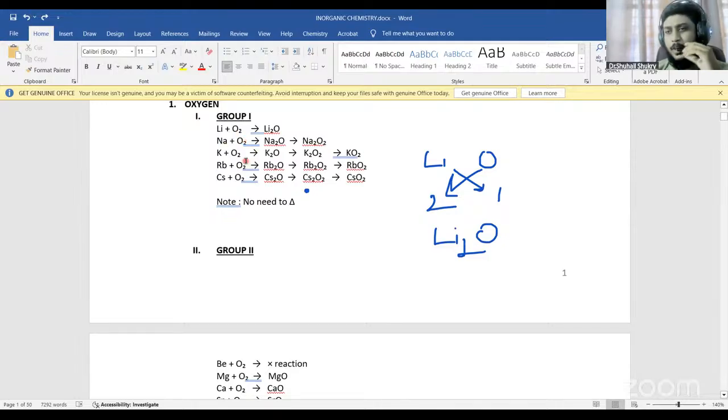After reacting with group 1 elements and making the oxide, the oxygen will come and ask the oxide, shall we react more? Lithium will say, I can't much. But sodium will say, okay, we'll react. Then sodium will react further and form sodium peroxide. Sodium oxide goes to sodium peroxide. That's why it becomes Na2O2.